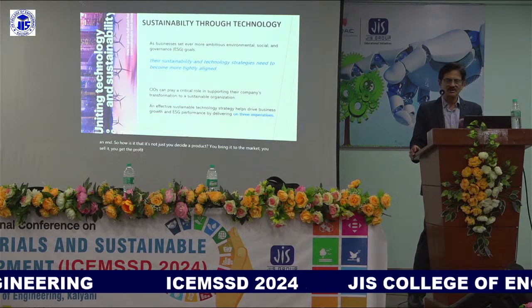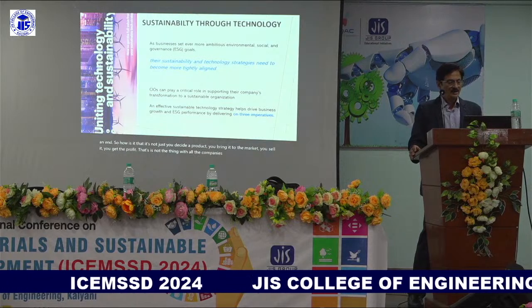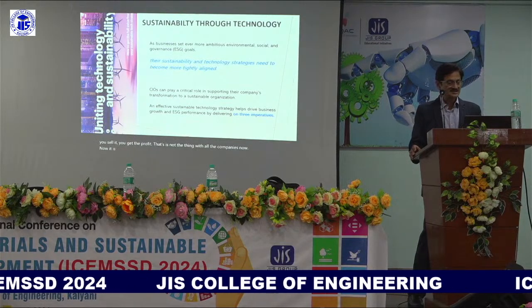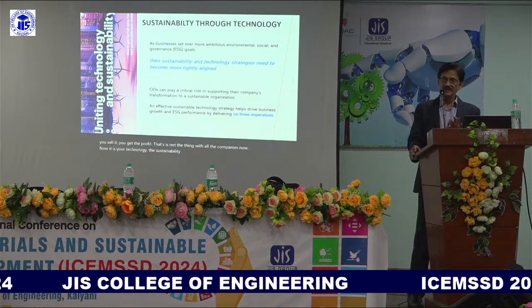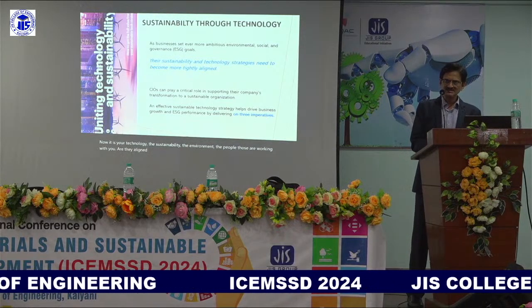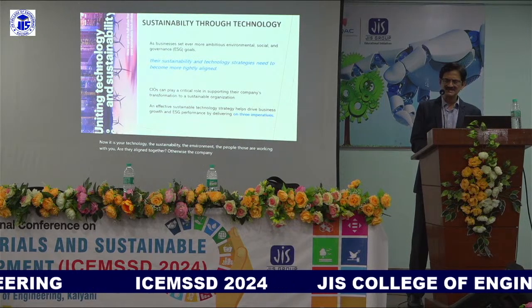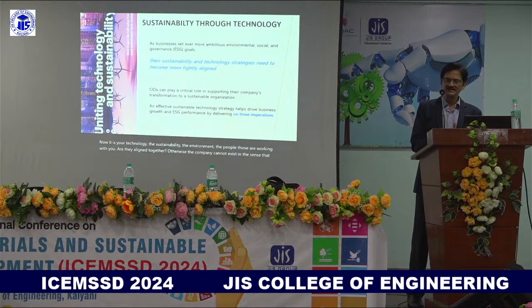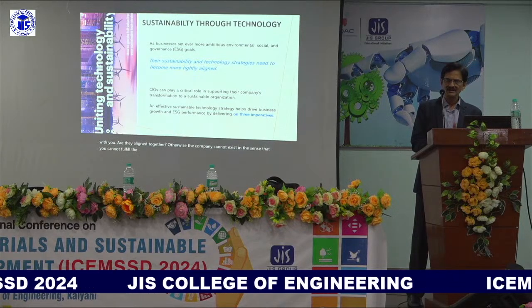That's not the case for companies now. Now, it is your technology, the sustainability, the environment, the people working with you: are they aligned together? Otherwise, the company cannot exist, in the sense that you cannot fulfill the targets of the government or the board.